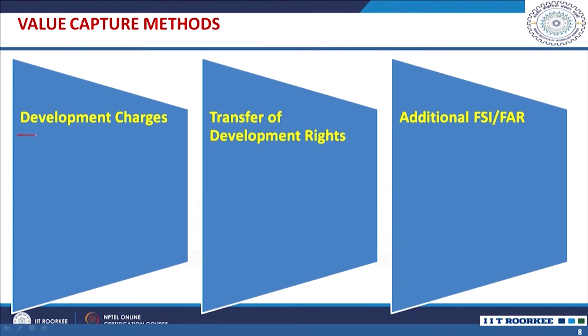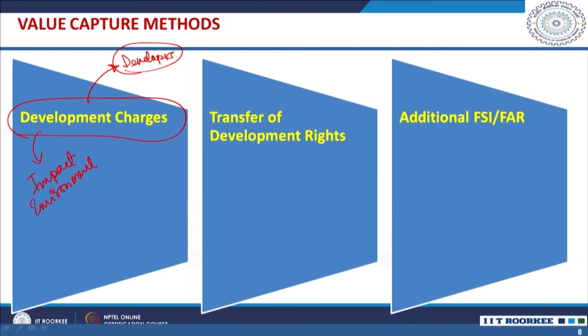The development charges are mandated for the developer. Whenever a developer is developing a particular land or infrastructure, there may be some impact on the environment. Some impacts are not reversible and are not allowed.